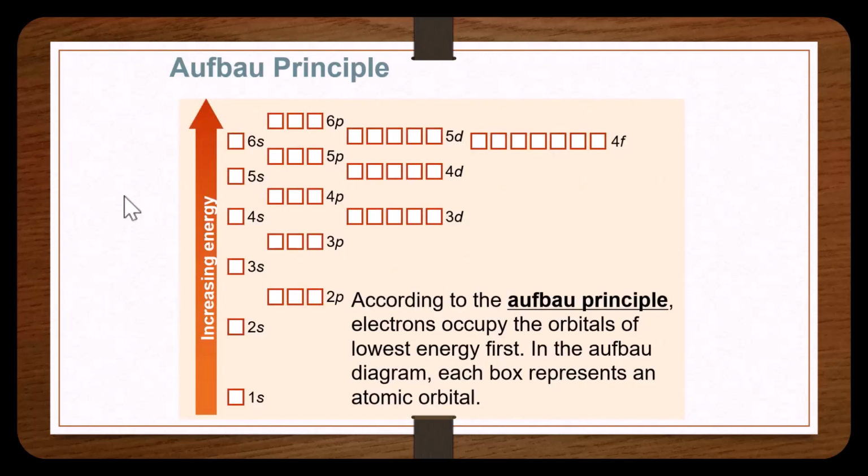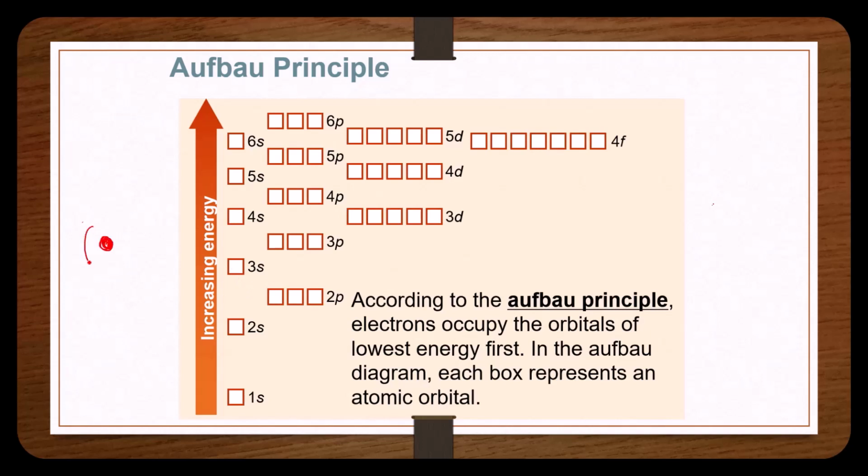The first rule is the Aufbau principle. According to the Aufbau principle, electrons occupy the orbitals of lowest energy first. In the Aufbau diagram, each box represents an atomic orbital. For now, I'll just use the Bohr diagram to describe what this means.